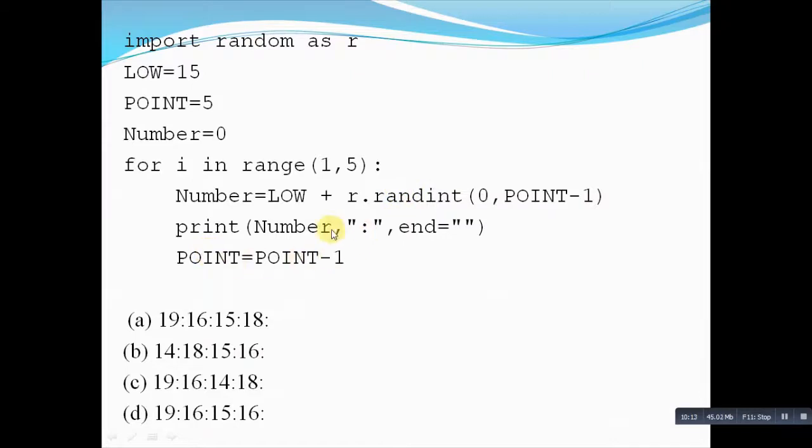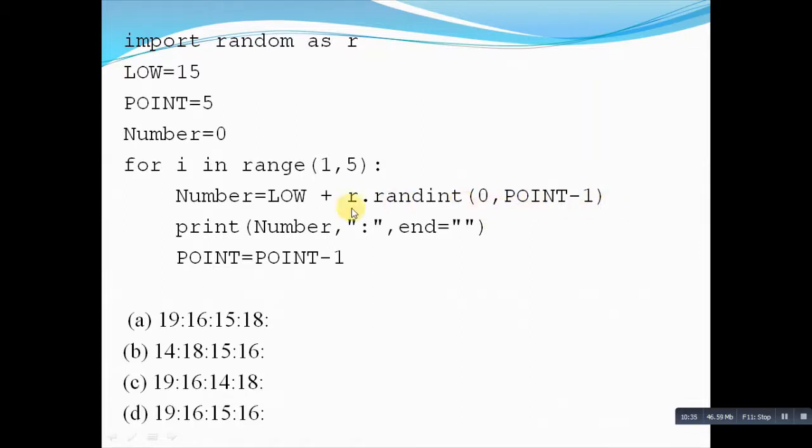Now point is decremented again by 1. The last value of point was 3 and now it is decremented again, now it is 2, and the value of I is incremented, so it is 4, hmm, 3 less than 4 is correct. So the value of low is 15, 15 plus randint 0 to point minus 1. So the value of point is 2, 2 minus 1 is 1.